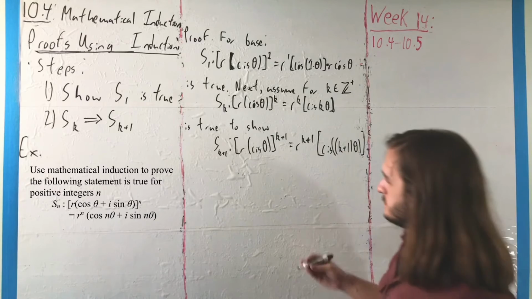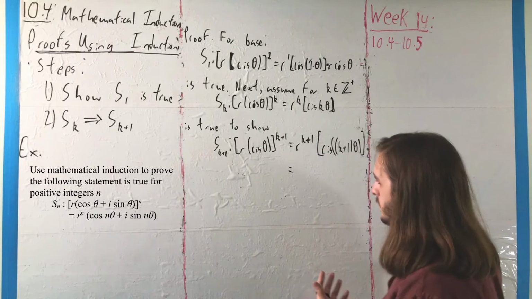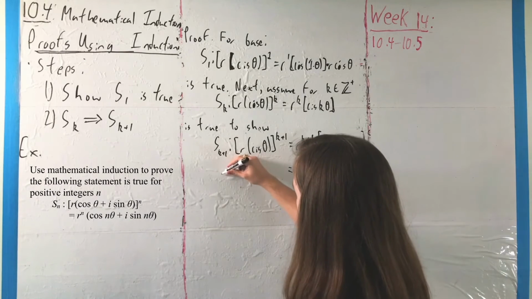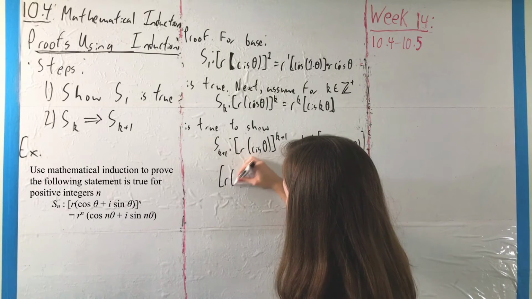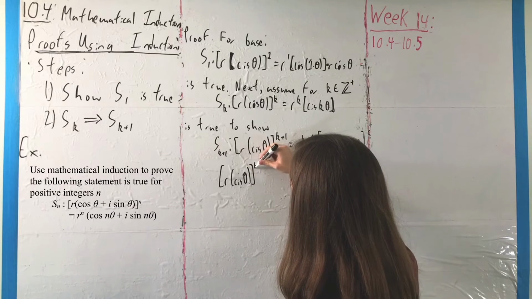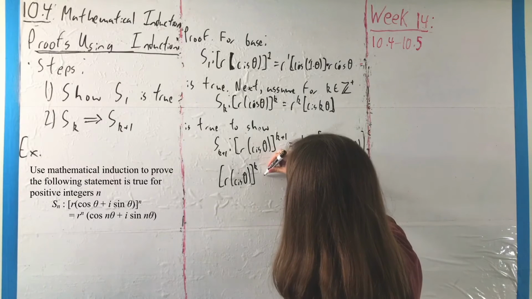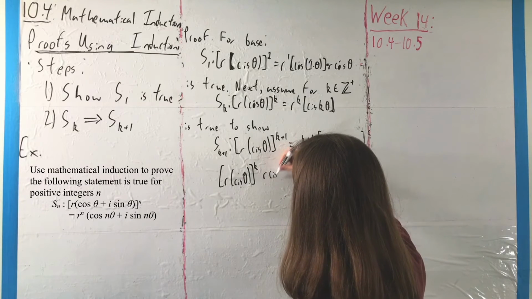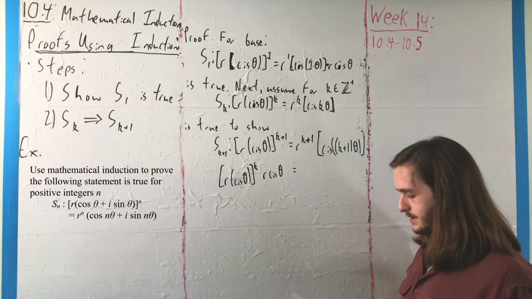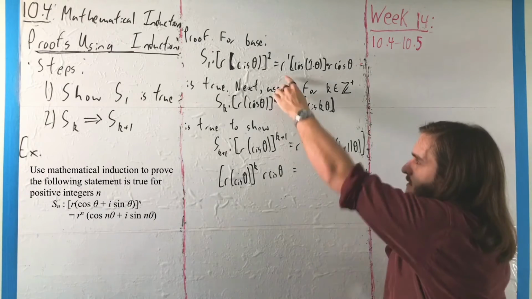Where, starting over here, well, we can factor out one k, but a whole bunch of them technically, and we'll have r CIS theta raised to the power k multiplied by, and to move this over a little bit, r CIS theta, where we can be sure that this term here happens to fit nicely in that way, based on what we saw up there.